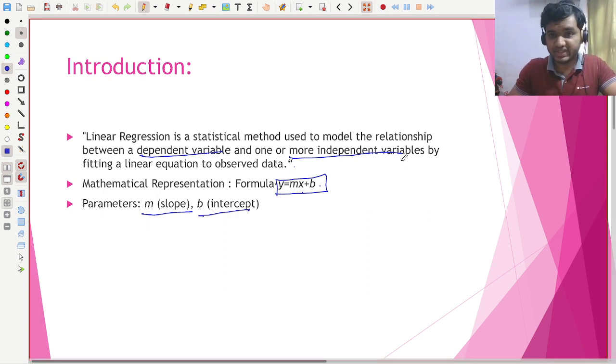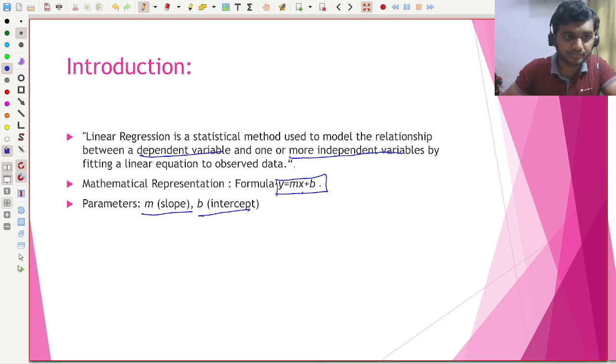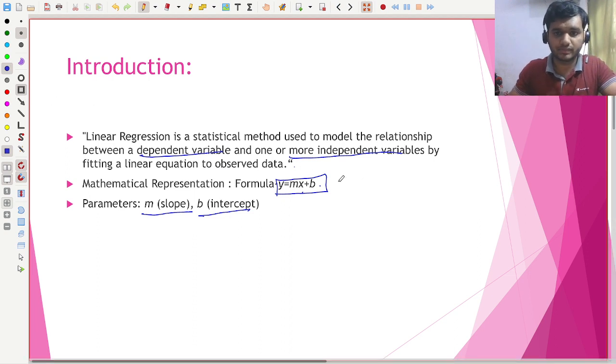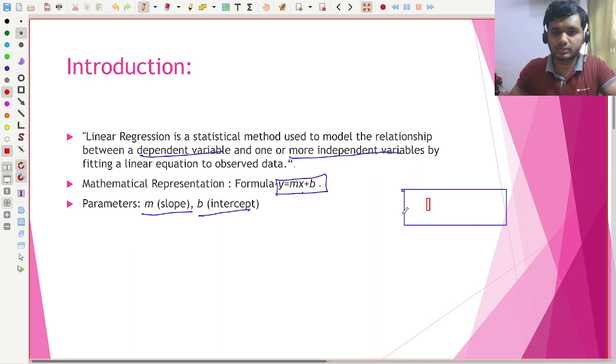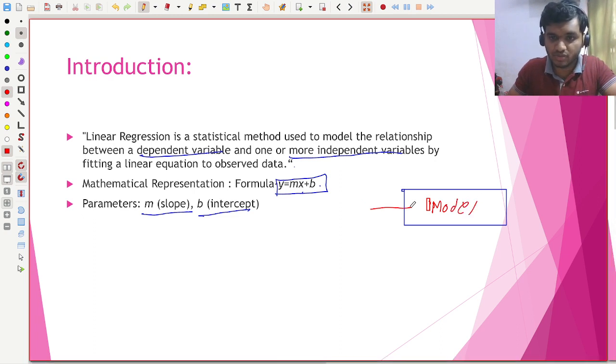So in this linear regression, suppose it is a model. You give some input, that is weight, and you predict the height.